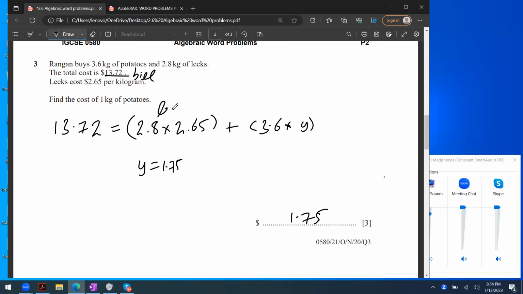This is the cost of leek, and this is the cost of potato, 3.6 kg times, we don't know the cost of 1 kg. So now you just need to solve this algebraically. 13.72 minus what's this, 7.42, divided by 3.6.